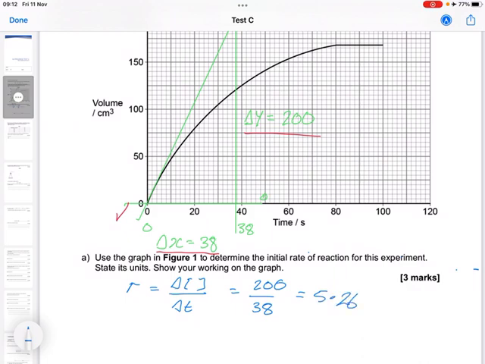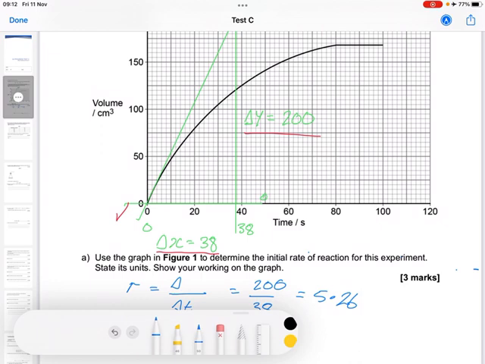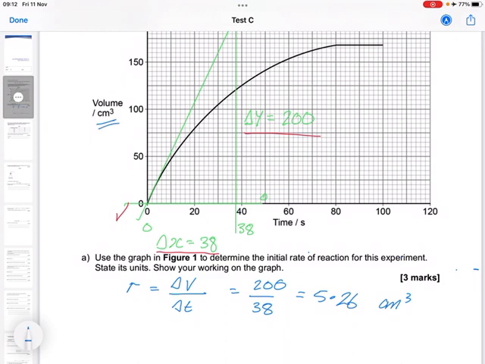And then the units: because we've got volume on the top in centimetres cubed, and we change that to a V, what we've got here is centimetres cubed per second. So for this answer, anything between 5 and 7 is allowed, and there's 1 mark for that, and then 1 mark for the correct units written like that.